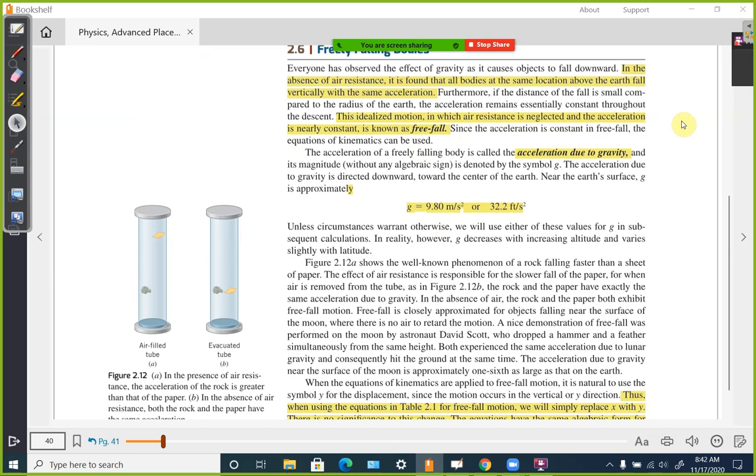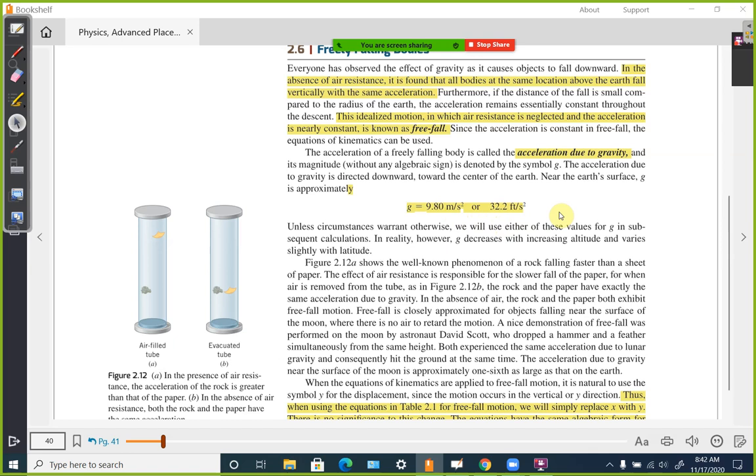We do have to neglect air resistance, and unless otherwise stated within the problem, you will always neglect air resistance, because they want everything to be falling with the acceleration due to gravity, which is this g, 9.8 meters per second squared, or 32.2 feet per second squared.